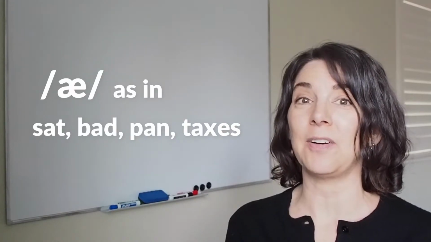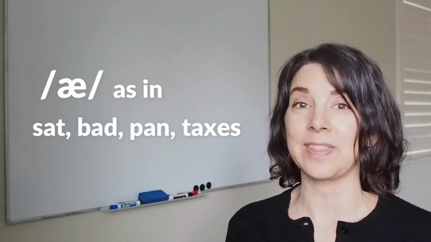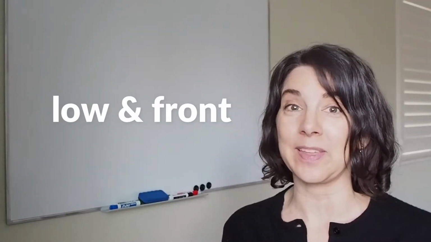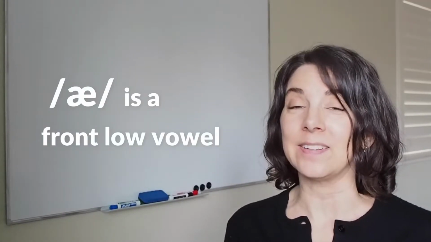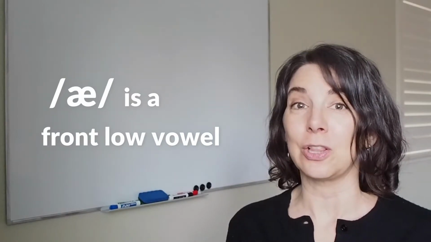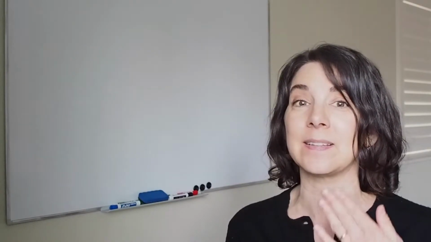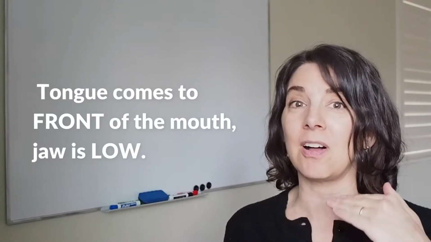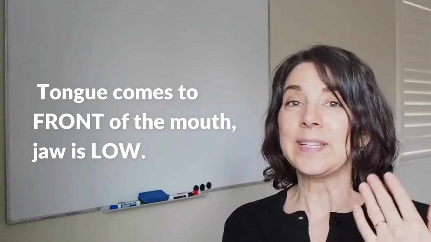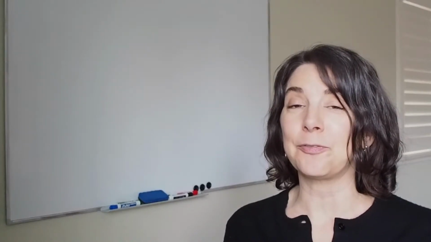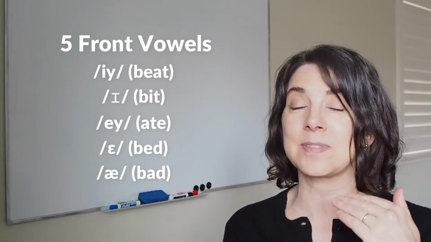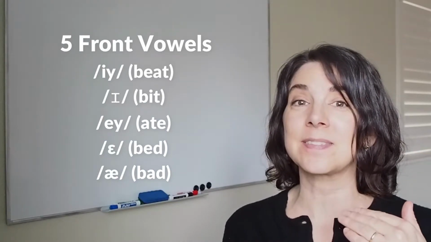When you make this vowel, you want to remember two important things: low and front. So let me explain what that means. The vowel "ah" is what's called a front low vowel. That means that it's made with the tongue in the front of the mouth and with the jaw low. So in English, we have 5 front vowels. I want you to notice how my jaw drops when I make those vowels.